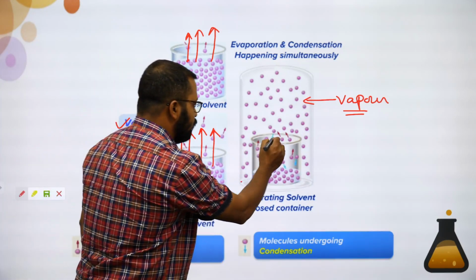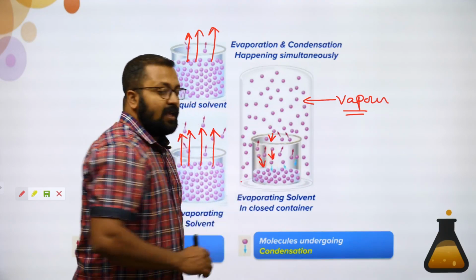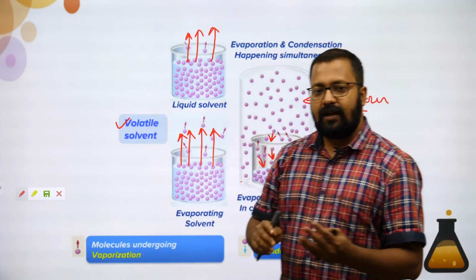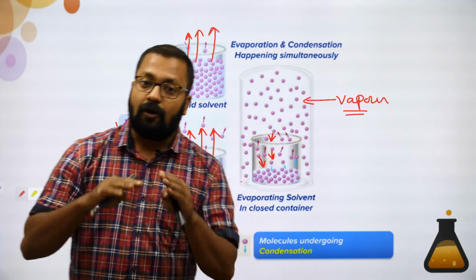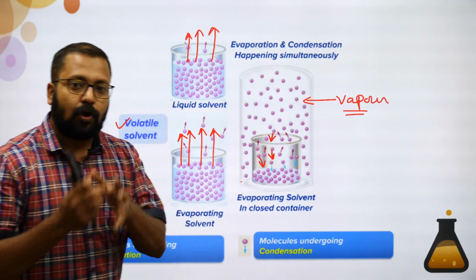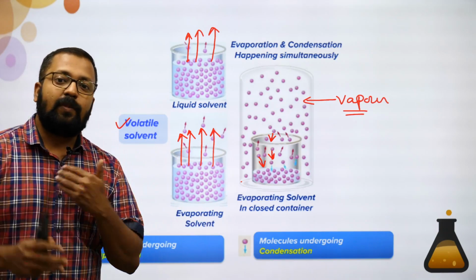Also, आप देख सकते हो कि कुछ arrows नीचे की तरफ बने हुए हैं. It means these vapor molecules will keep colliding on every part of the container, and some can recollide on the surface of the liquid. So, what will happen is a process where condensation and evaporation will take place simultaneously.